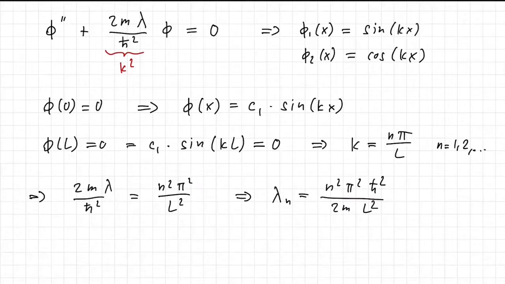So here we find now that lambda can only take discrete values, and we call these the eigenvalues of this differential equation. In quantum mechanics, we'll actually see that these eigenvalues correspond to the energies of the solutions.